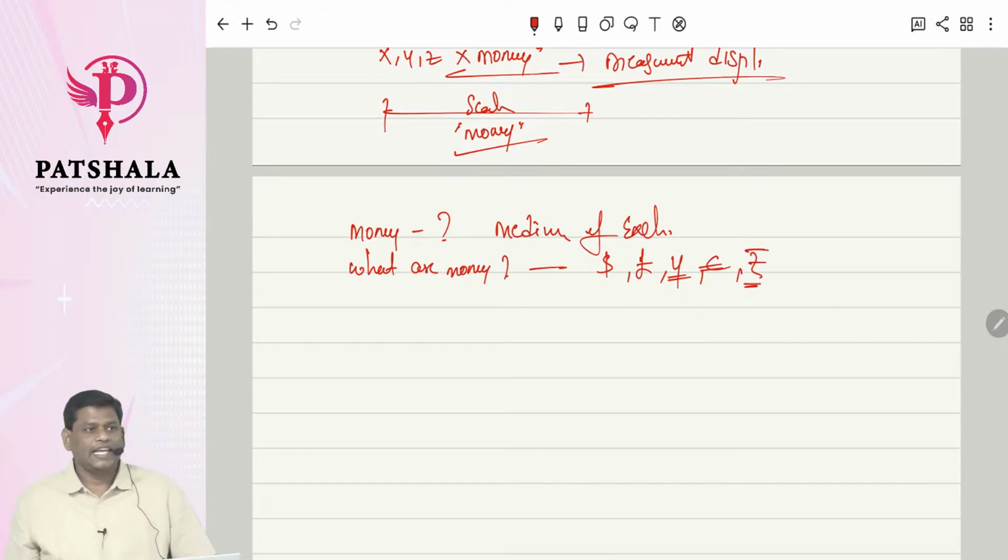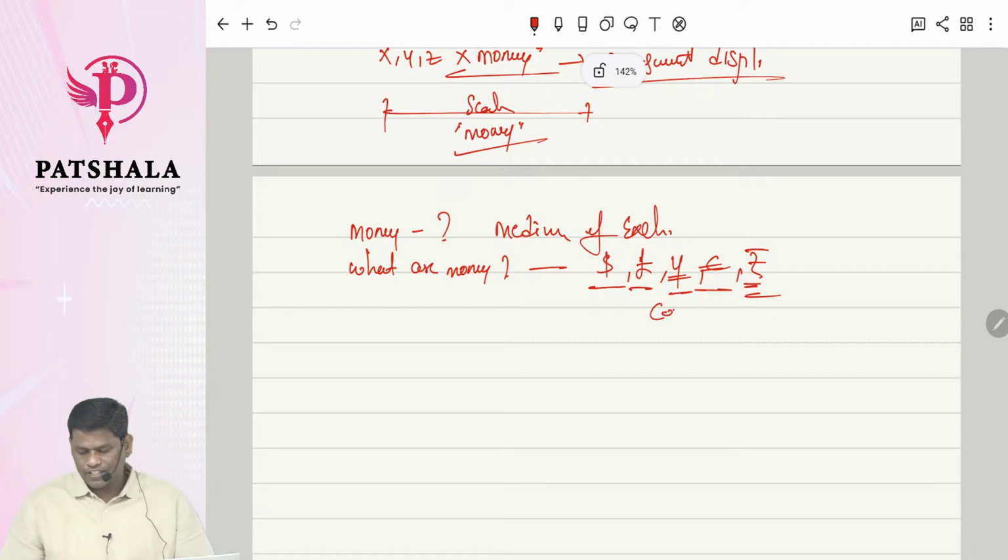All are money. Which money should I write? Everything has its own value. So the concept is everything is currency only. The question is, which currency should I use?